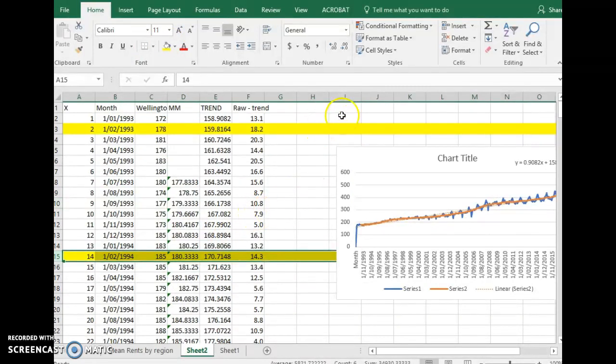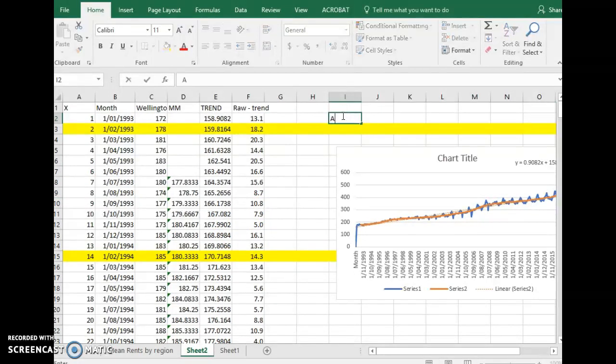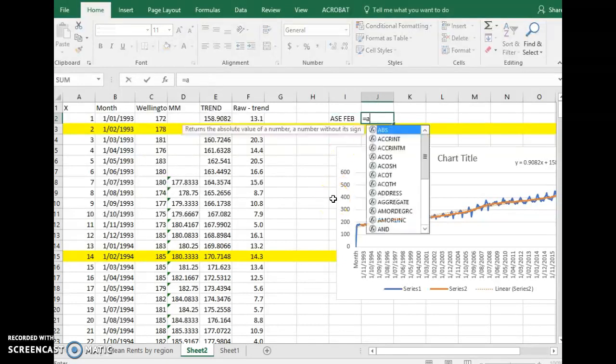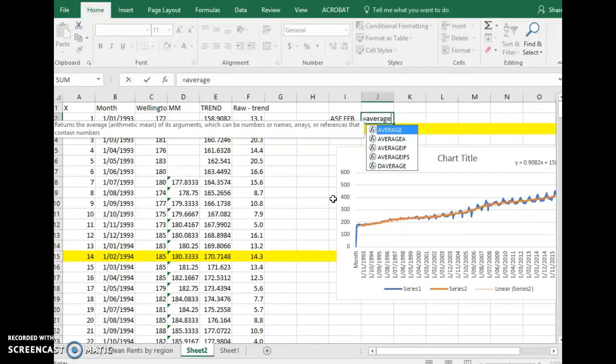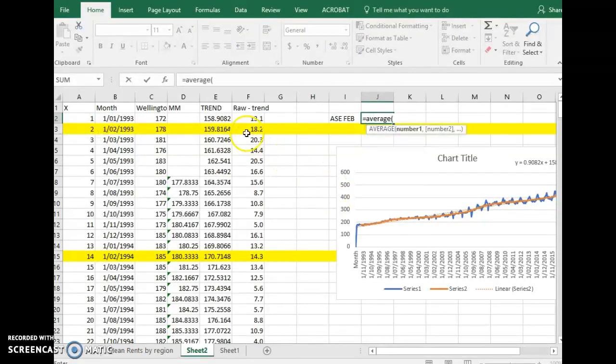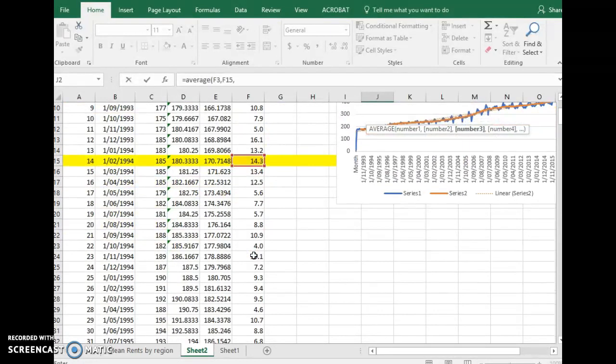So all I have to do is find an average seasonal effect for Feb. And that would be the average of this value, and every February between now, or between 1993 and now.